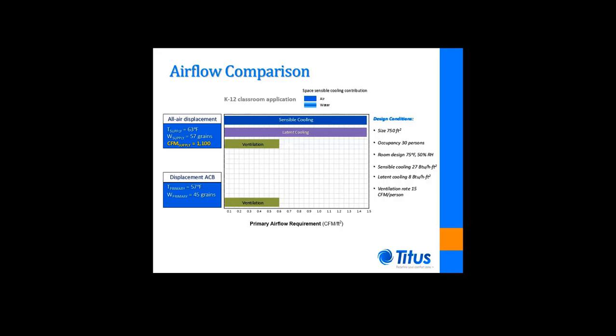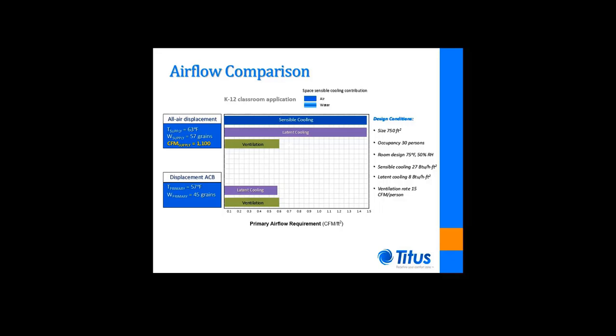Note that the supply airstream has been conditioned to a moisture content that will result in a flow rate for latent cooling that is equal to that required for the sensible cooling. Now, let's look at the displacement chill beam system. The displacement beam system design focuses on providing latent cooling of the classroom at the lowest possible airflow rate, thus the employment of the depressed dew point primary air.